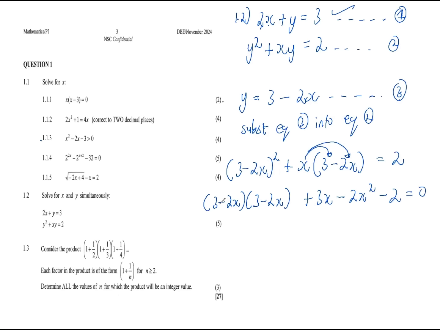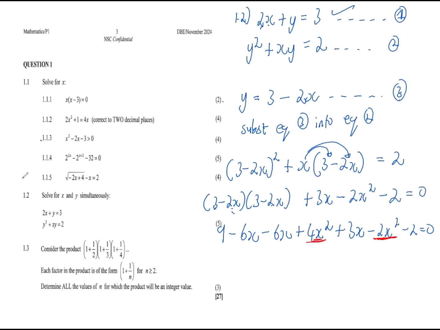Now, dealing with this, 3 multiplied by 3, that's 9. 3 multiplied by negative 2x, that's negative 6x. Also here, we'll have negative 6x. And then here and there, I will have positive 4x squared. And then plus 3x minus 2x squared minus 2 equal to 0. Now, let's look for like terms. Like terms, 4x squared minus 2x squared.